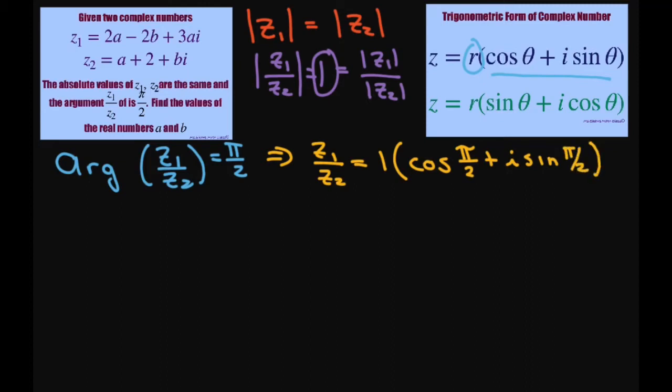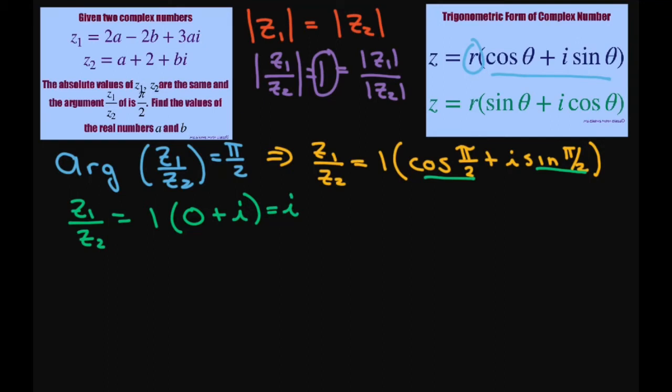So z sub 1 divided by z sub 2 equals 1 times, cosine is 0, and sine of pi divided by 2 is 1. So it's i. So this equals i.